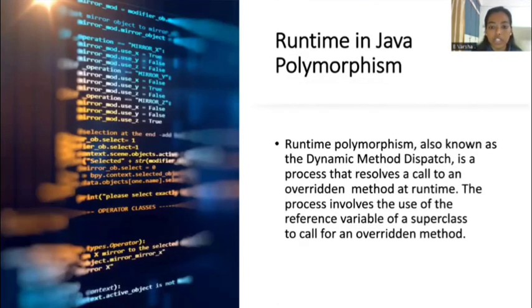Runtime polymorphism in Java. Runtime polymorphism, also known as dynamic method dispatch, is the process that results in a call to an overriding method at runtime. The process involves the use of the reference variable of a superclass to call an overridden method.